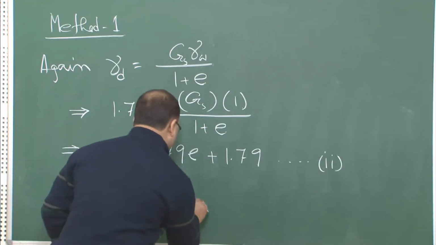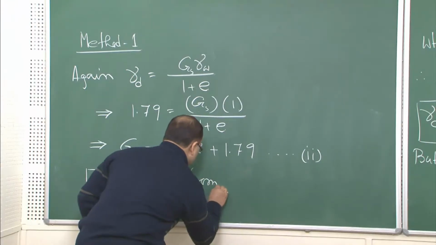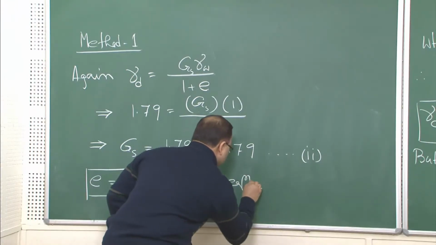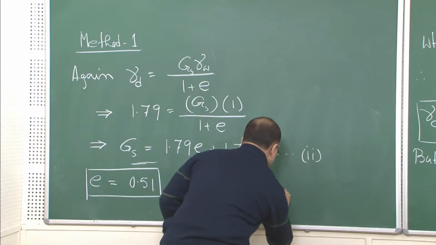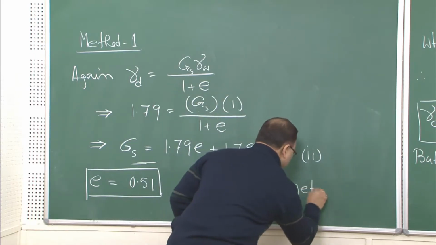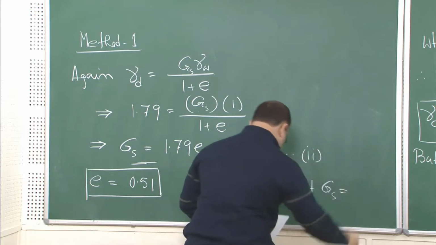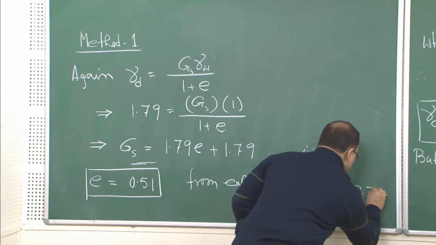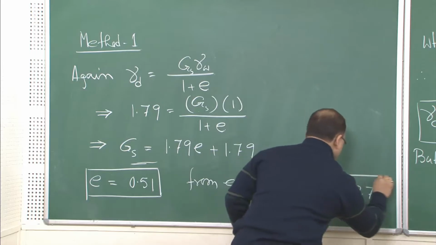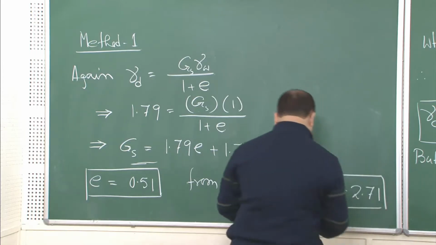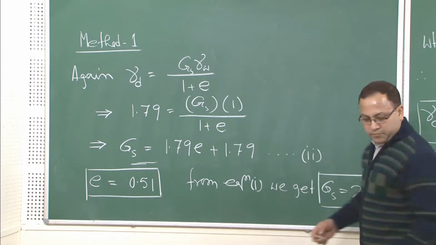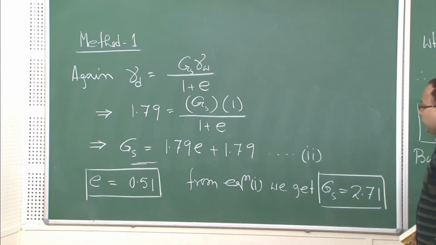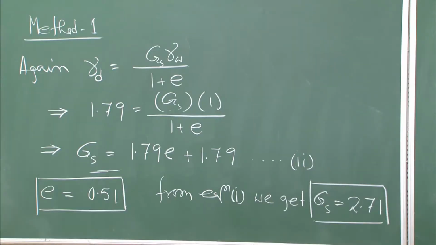Now, from equation 1 or equation 2, whichever you feel better, you can calculate Gs equal to 2.71. So, out of the 4 unknown parameters, we have got gamma D, e and Gs.